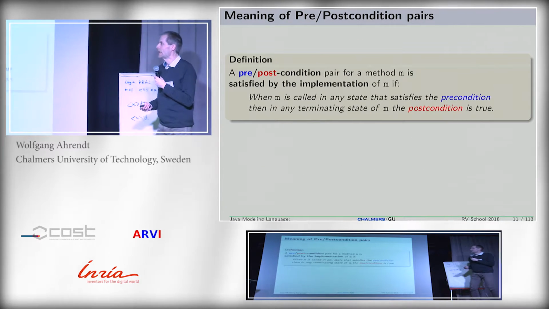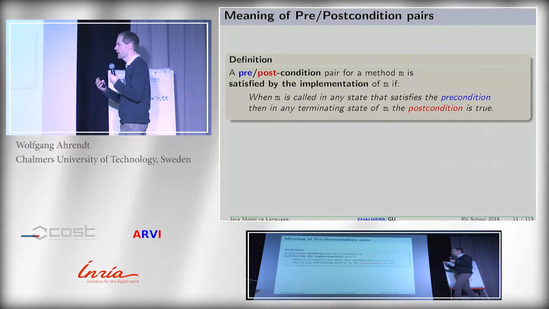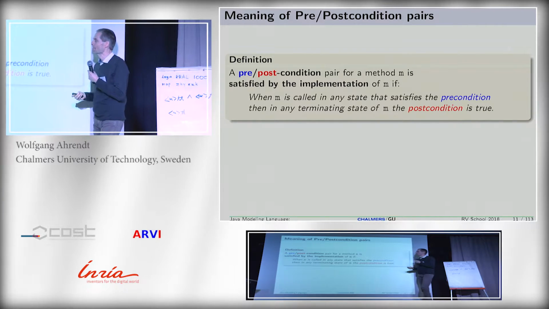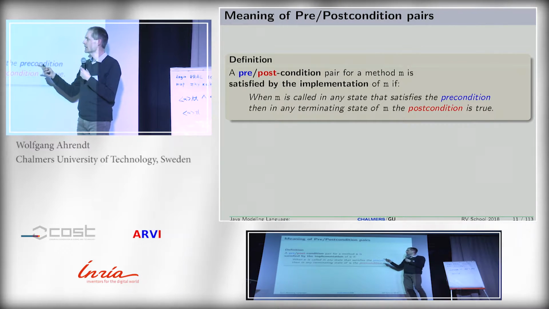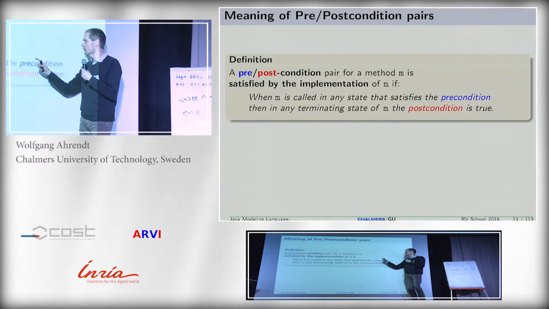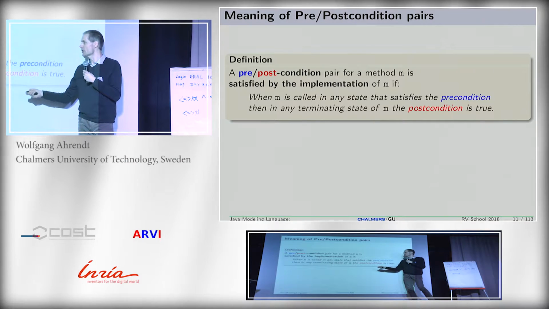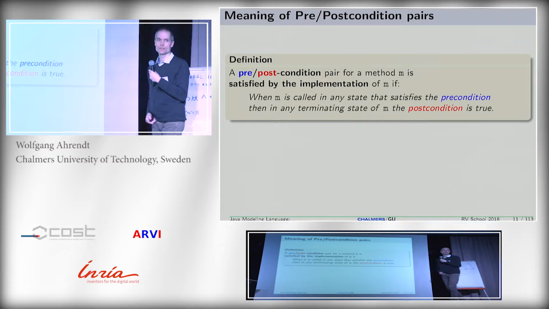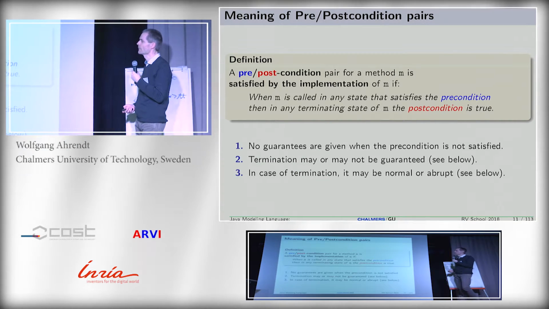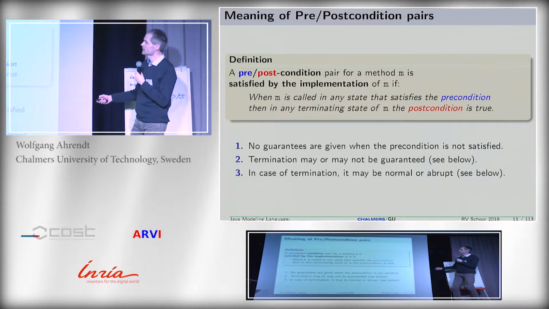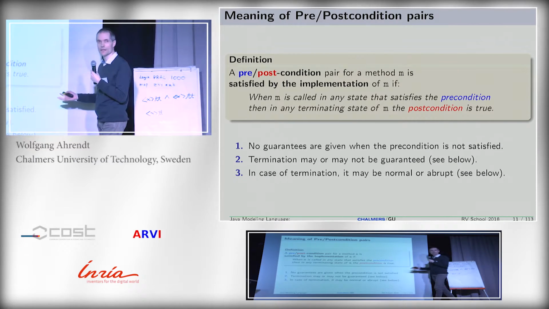Okay. So we have these pre-post condition pairs which play an important role in JML, and the intuitive meaning is: when M is called in any state satisfying the precondition, then in any terminating state of M, the postcondition is true. Right? And you interrupt me if you have any questions. Good. So no guarantees are given if the precondition is not satisfied.